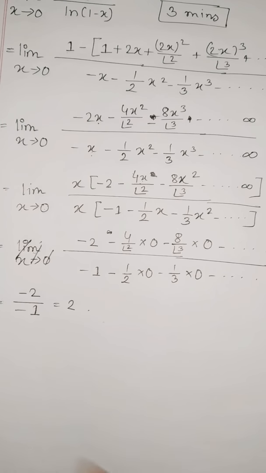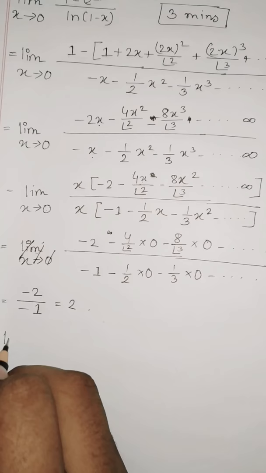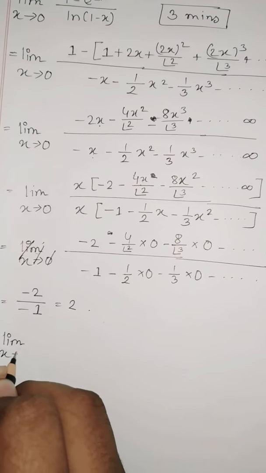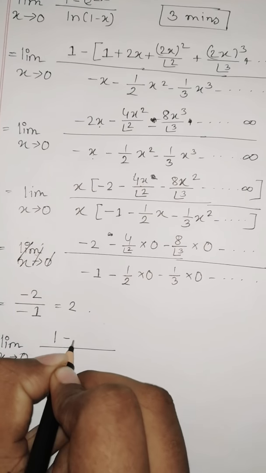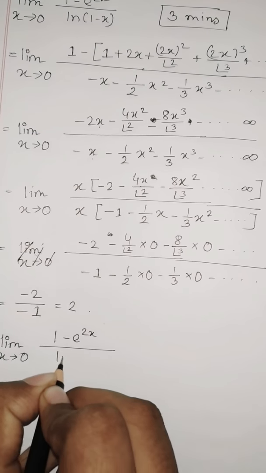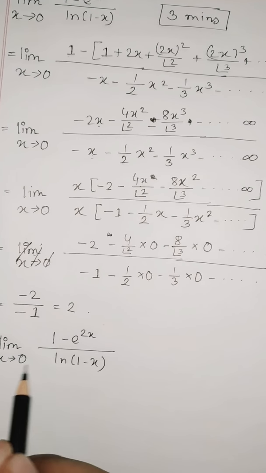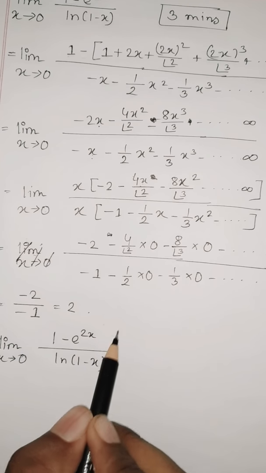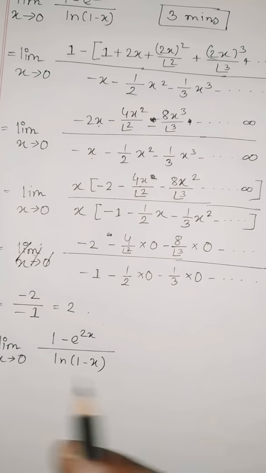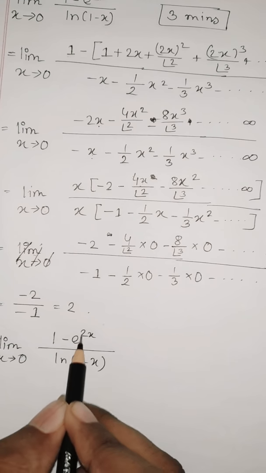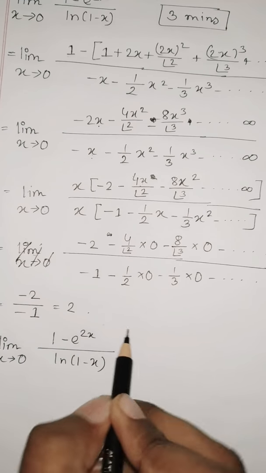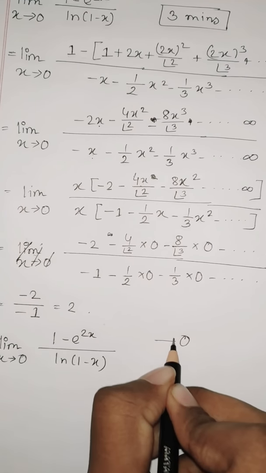That is, if we take the limit of x tends to 0 of 1 minus e to the power 2x over ln of 1 minus x, and place 0 here, then e to the power 0 is 1, and 1 minus 1 gives 0 in the upper part.